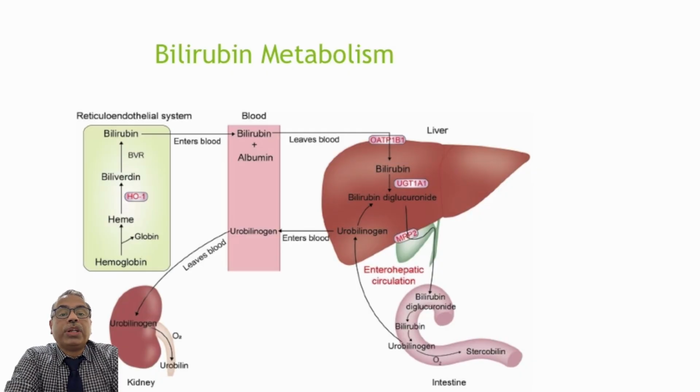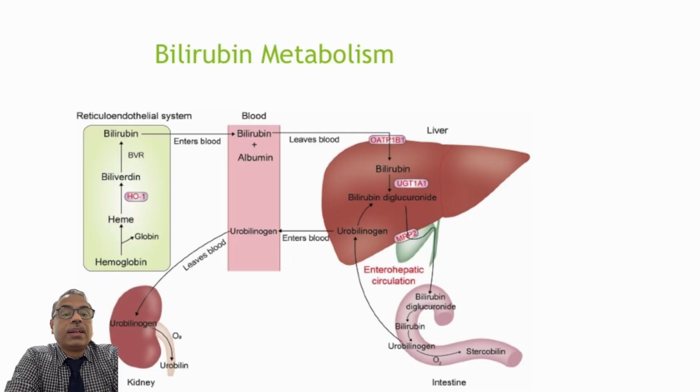This bilirubin, which is produced from biliverdin on reduction, enters the bloodstream, where it is picked up by albumin, and this albumin acts as a carrier. Most of the bilirubin would be transported in the bloodstream, bound to this albumin, and it enters the liver.